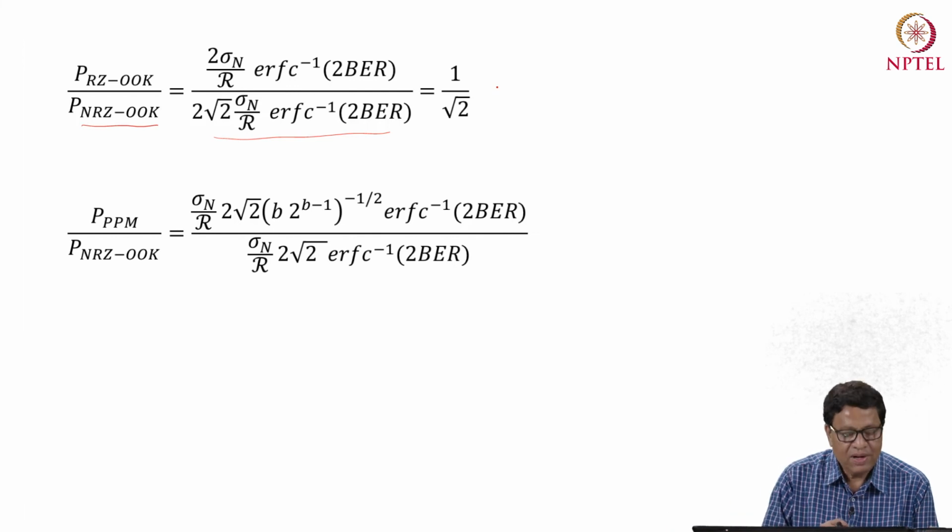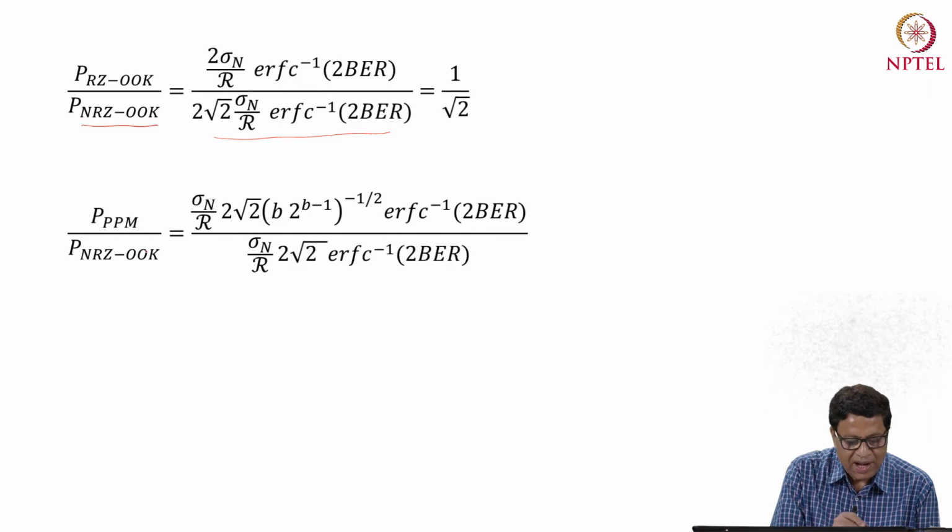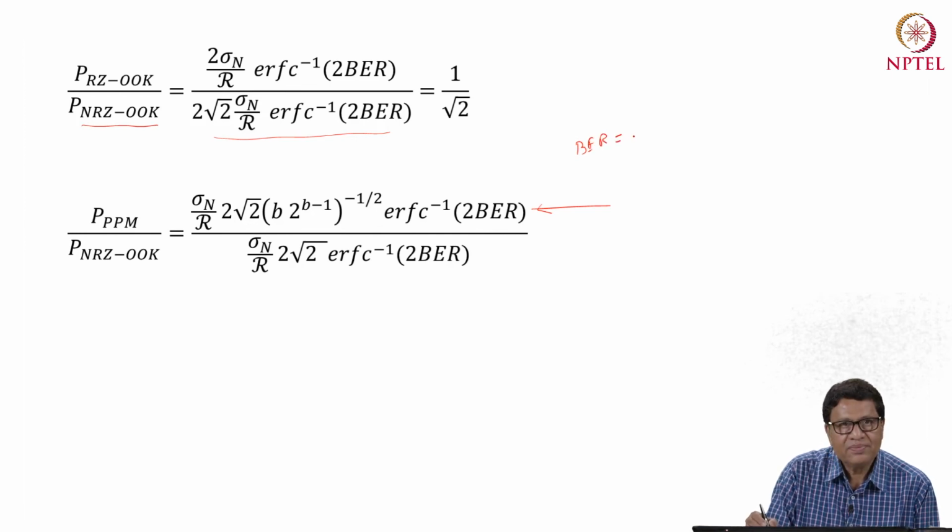Now, if I calculate the power required for a PPM system, and I'm normalizing with power required for the OOK system, P NRZ OOK, then it is given by this expression. This is from the earlier expression for BER, which we had calculated in the form of SNR. And the SNR and power relationship we have seen in the earlier slide.